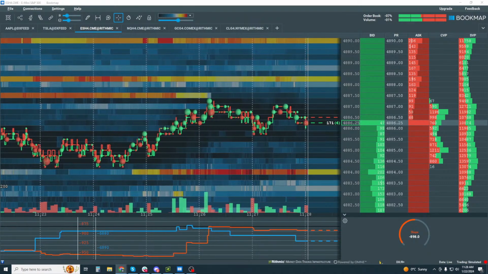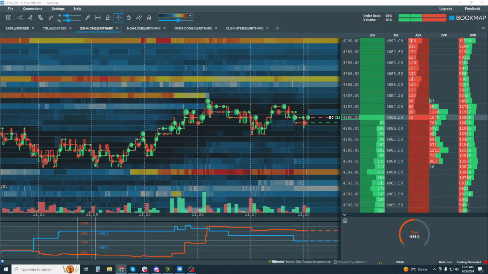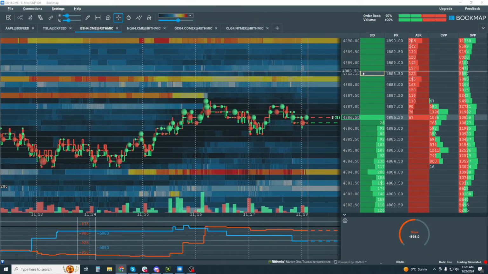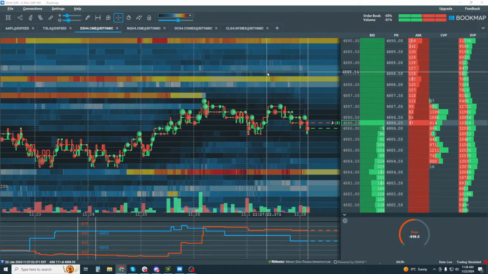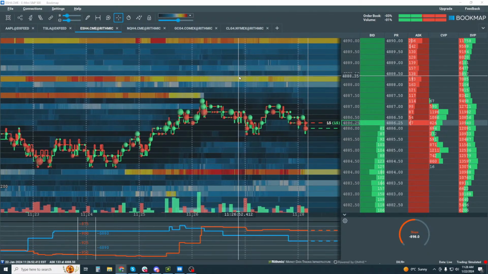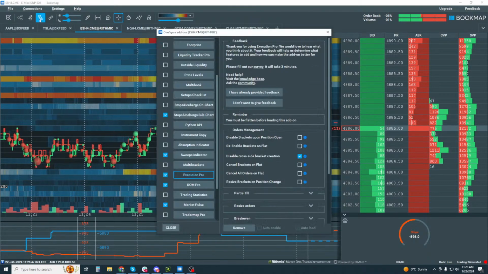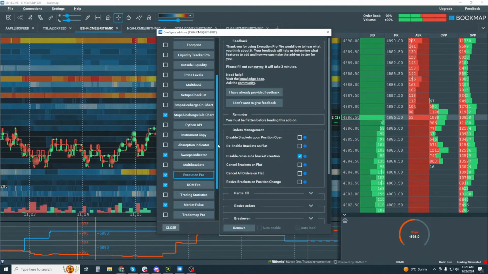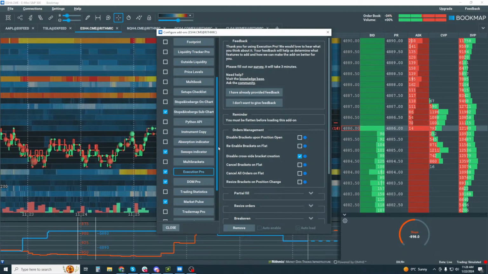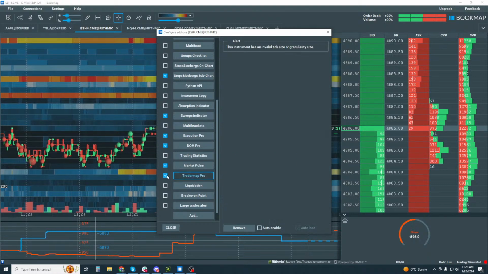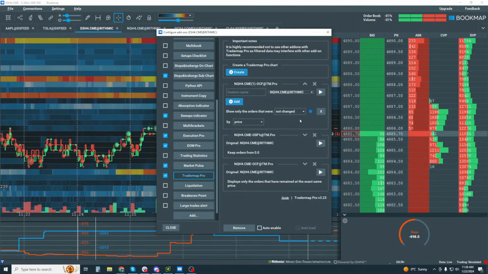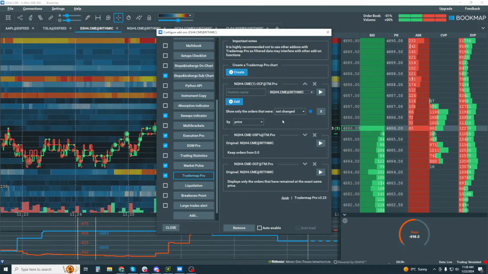Does Trader Map Pro work on 7.5? Yes, Eloise. Yes. It doesn't work for you? Let's do a quick try here. Boy, I tested it. Does not work for you. Okay.